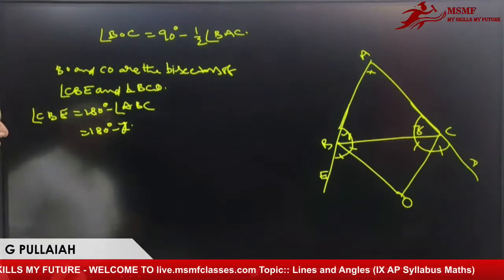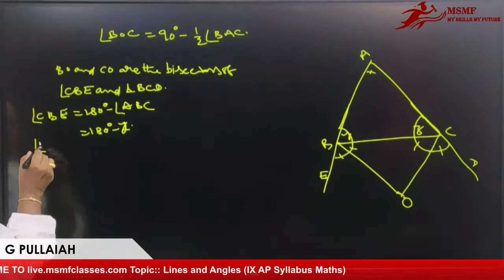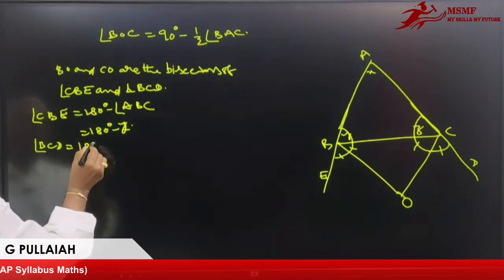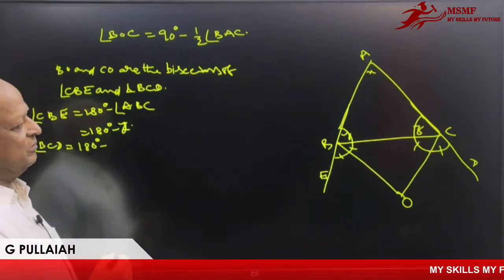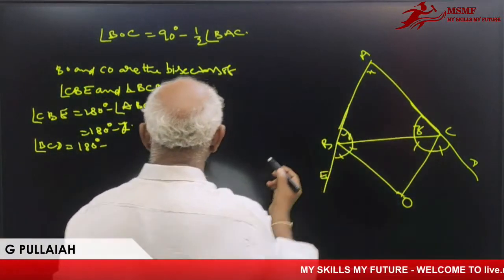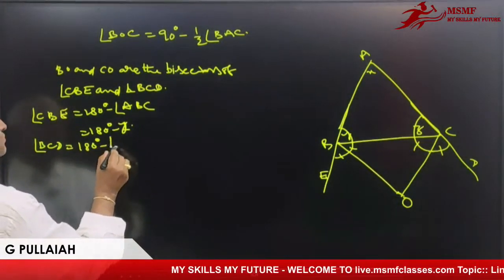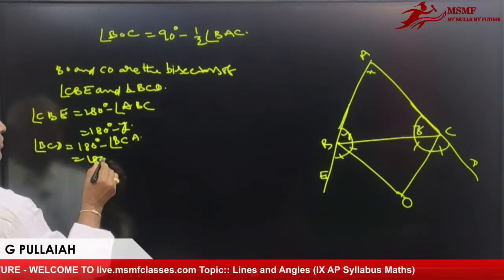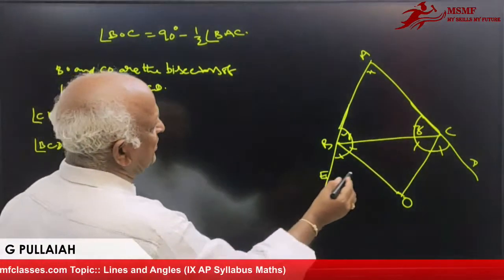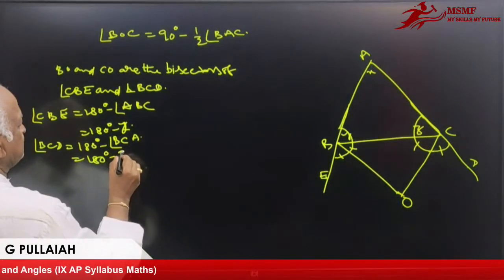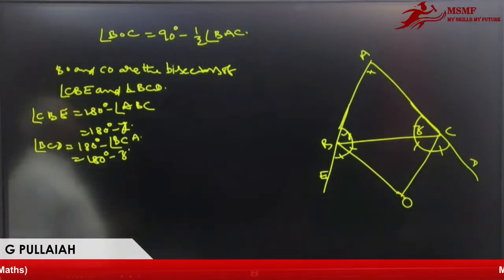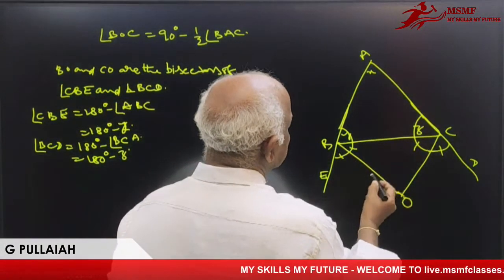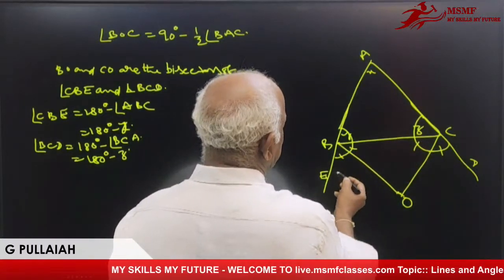Similarly, if you take angle BCD, it is equal to 180 degrees minus angle BCA. BCA is z, so that is 180 degrees minus z. So now here BO is the bisector of angle CBE.